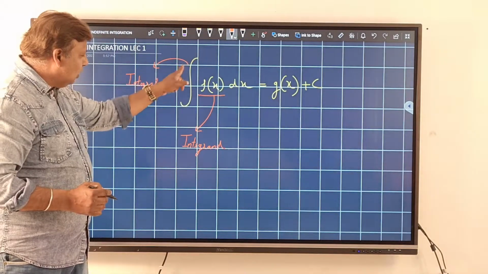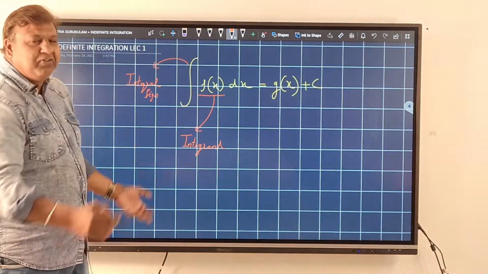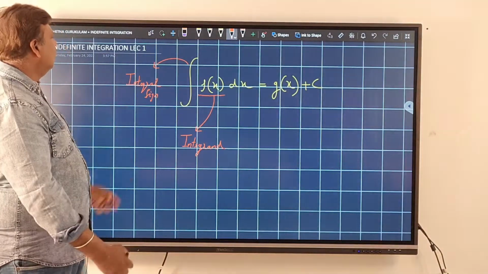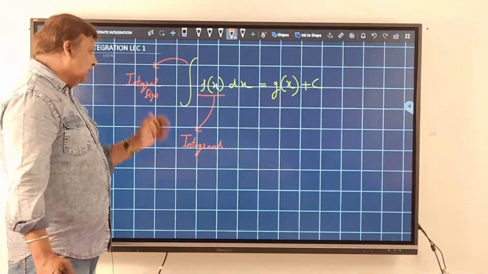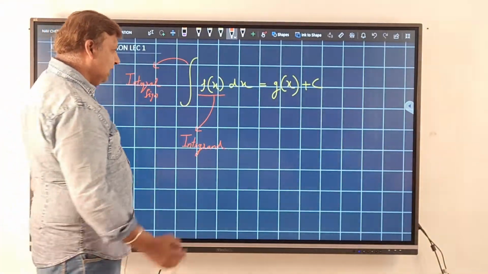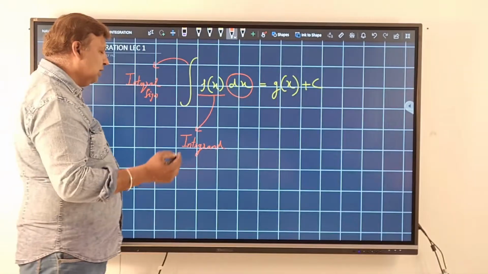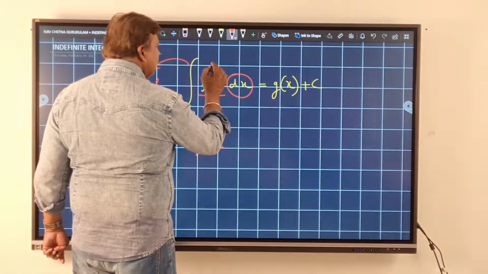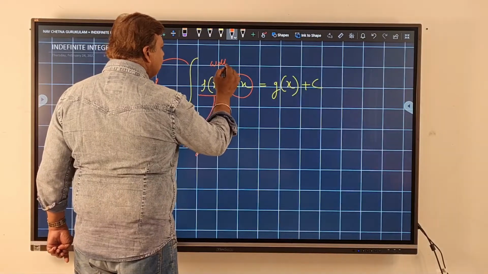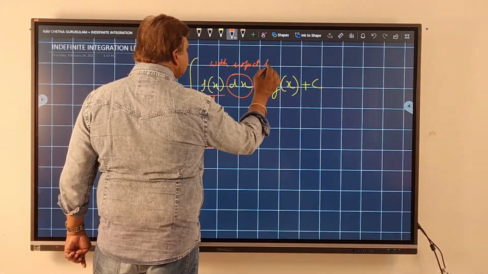This symbol, like an elongated S, that's a Greek symbol, is the integral sign. f(x), the function whose integration you are doing, is known as the integrand. And this is the counter which you are doing, that is with respect to x.